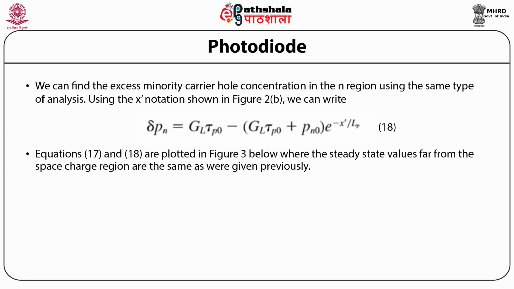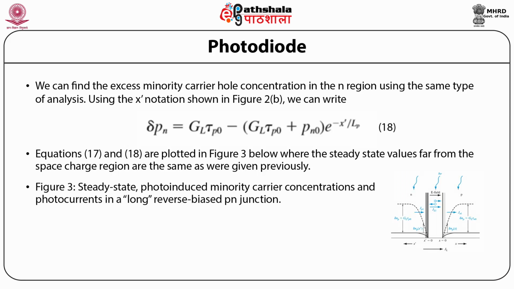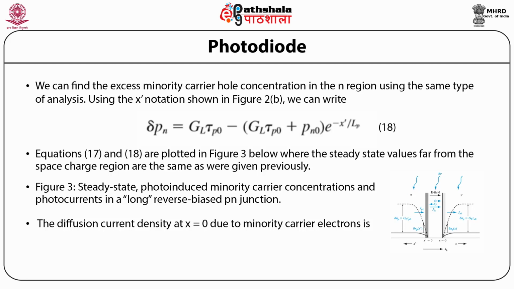The gradient in the minority carrier concentrations will produce diffusion currents in the PN junction. The diffusion current density at x equal to 0 due to minority carrier electrons is Jn1 equal to e Dn times the derivative of δnp with respect to x at x equal to 0.